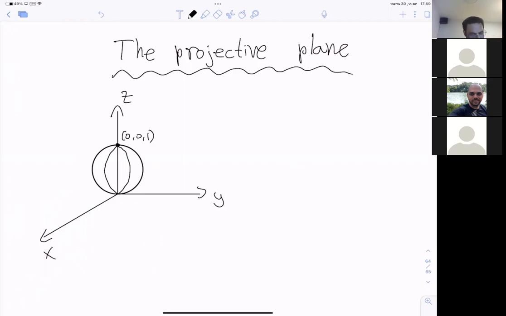Now, I'm sitting here and I'm watching the whole XY plane. And there is a correspondence between elements in XY, for example this point here, and a line or a vector that goes from me to this point.